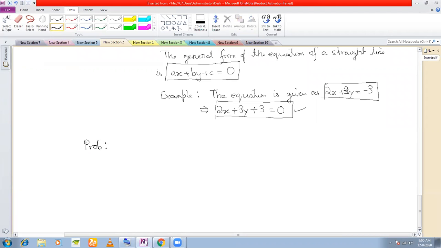The problem here is: find the slope and y-intercept of the following lines.